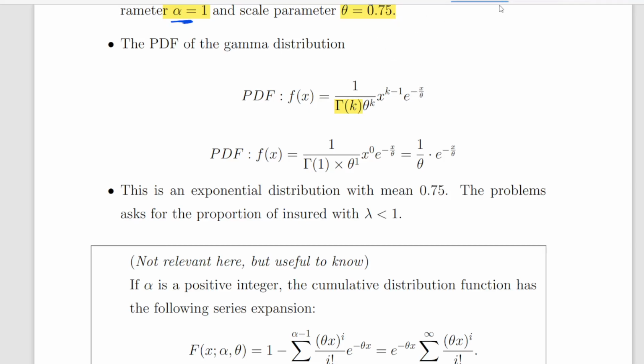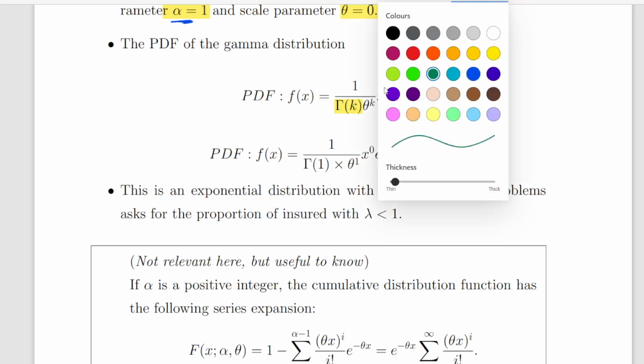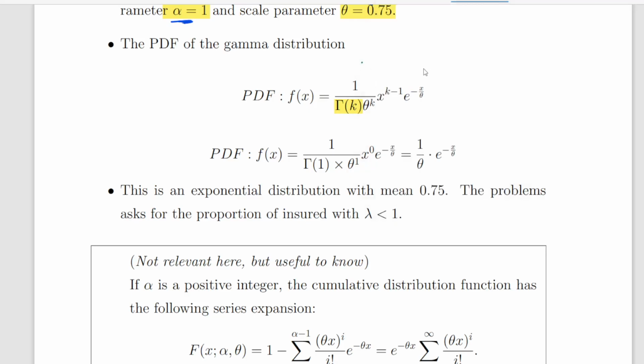Sorry, I'm not being consistent here. I just realized what I've done there. K here is alpha. So I'll rewrite that: 1 over the gamma function of alpha times theta to the power of alpha, times x to the power of alpha minus 1, times e to the minus x over theta.